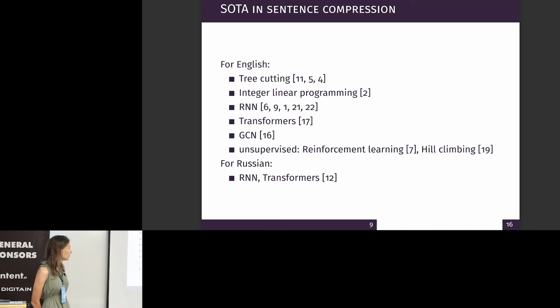I will not speak about all of these architectures, because firstly, I don't have time, and secondly, you can probably imagine what it means to take an RNN and do binary sequence classification. That's pretty obvious: you just learn weights, classify, compute loss.